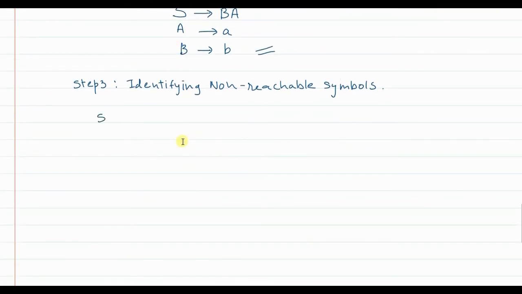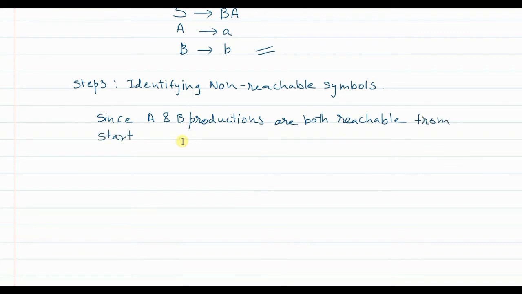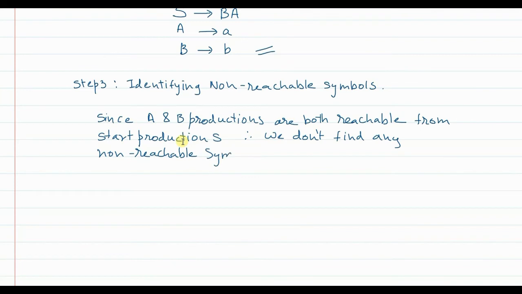So I say, since A and B productions are both reachable from start production S, therefore we don't find any non-reachable symbols in the above production set.